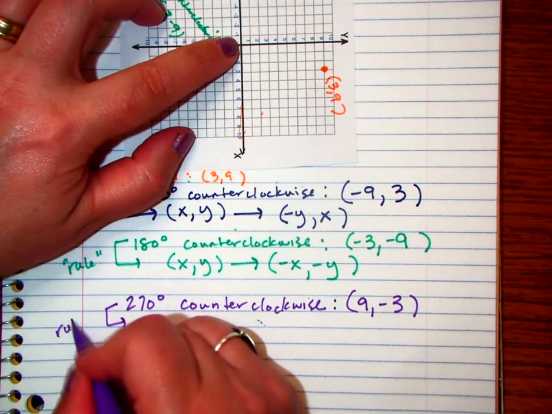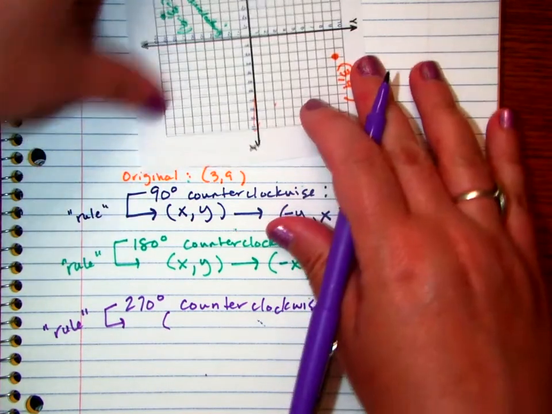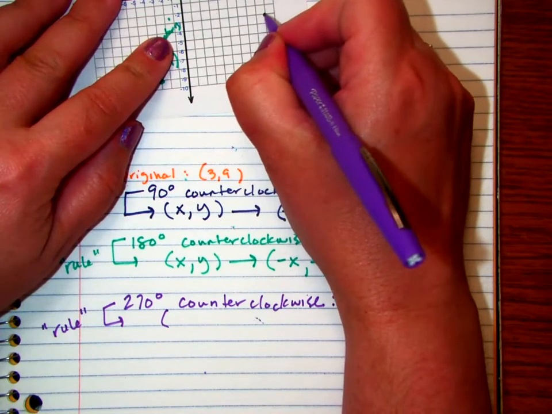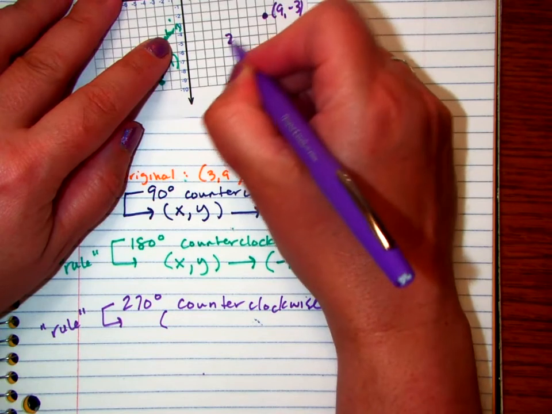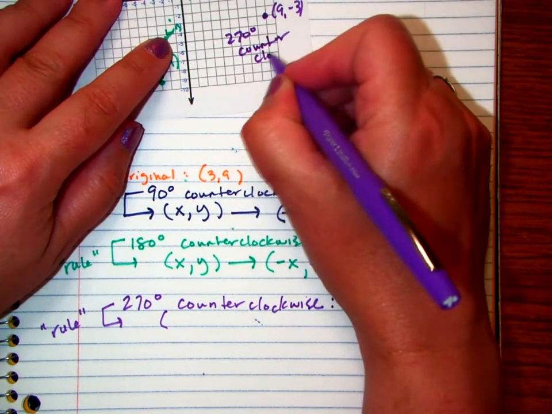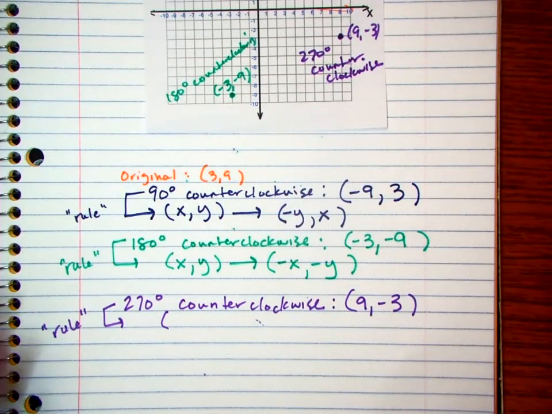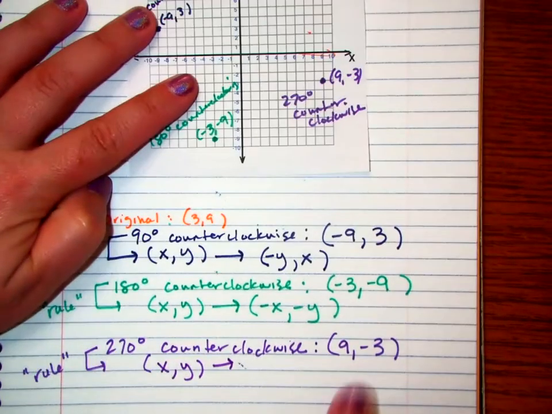So this is 270 degrees counterclockwise. The rule here: when I started, I forgot to put it in there. So +9, -3 right here, and this is 270 degrees counterclockwise. Now my rule, when I start with x, y, you'll notice that again they switched.